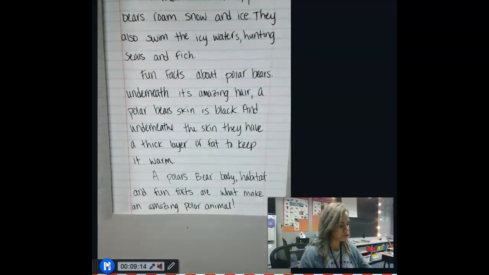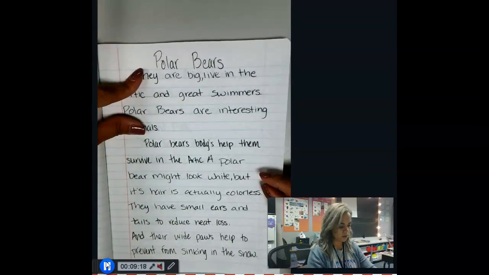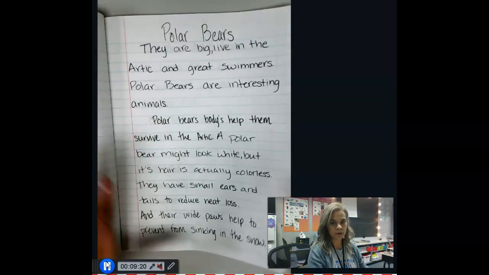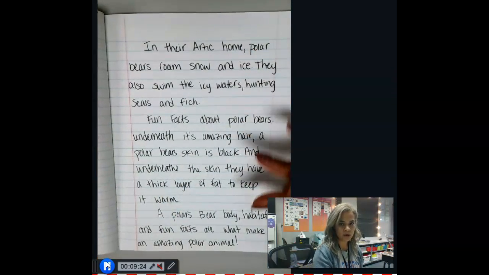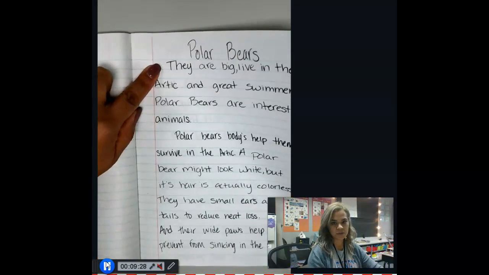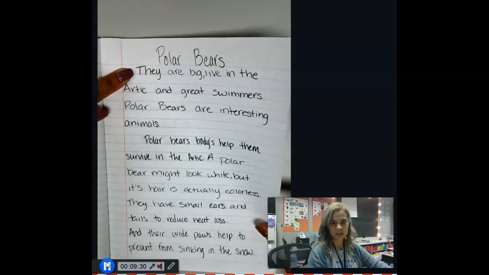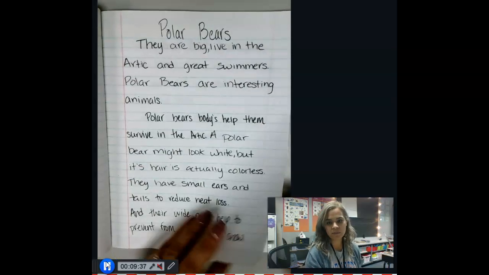So you should have a total of 1 paragraph, 2 paragraphs, 3 paragraphs, 4, and 5 paragraphs. Don't forget to indent whenever you begin a new paragraph. And remember, when we are writing a rough draft, remember to skip lines.